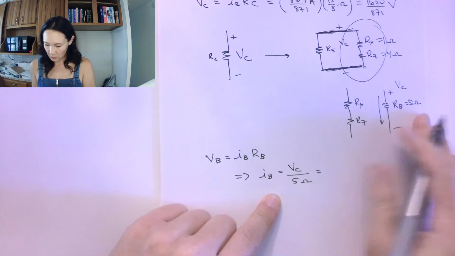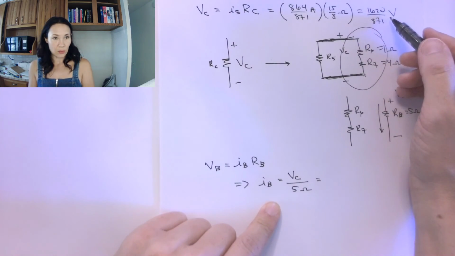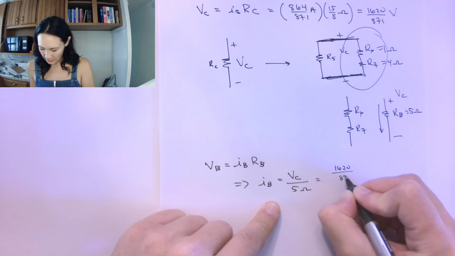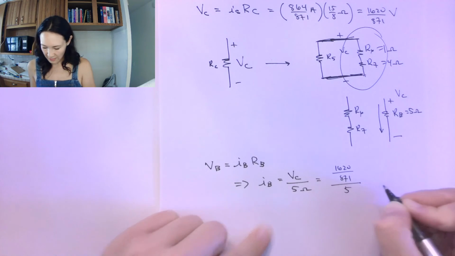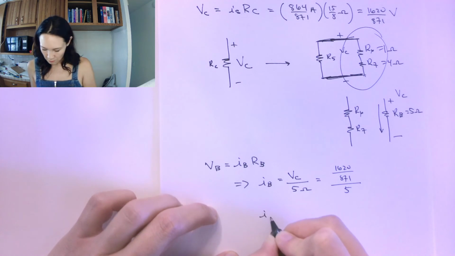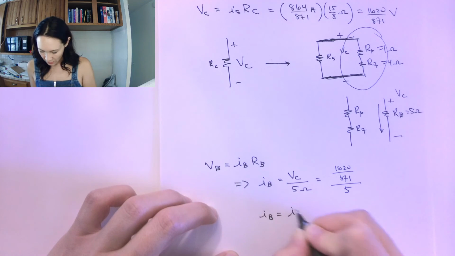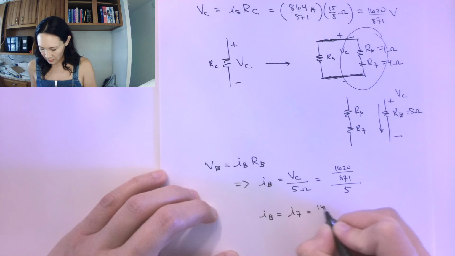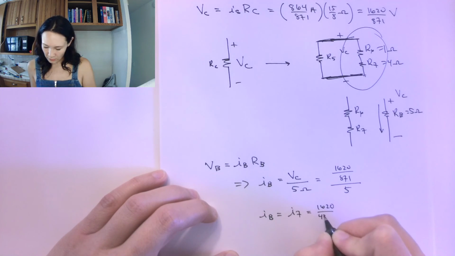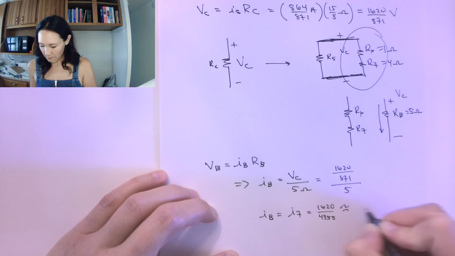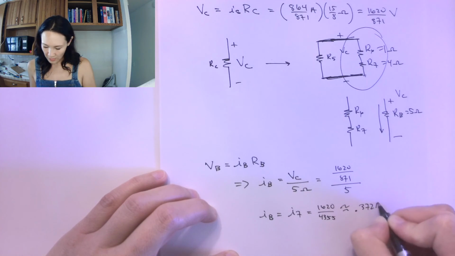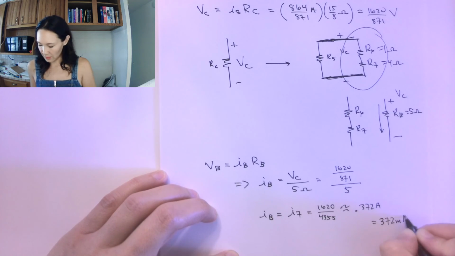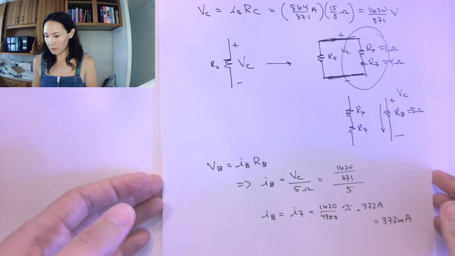So our VC we found to be 1620 over 871, and we divide that by 5, and so our IB, which is our I7, the current that goes through resistor 7, is 1620 over 4355, which is about 0.372 amps. So that's 372 milliamps. And we're finished.